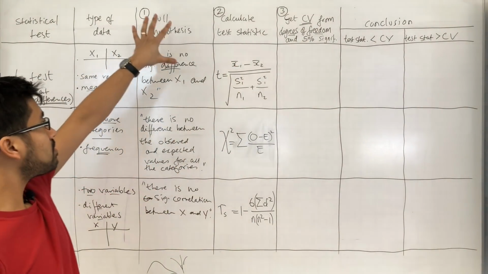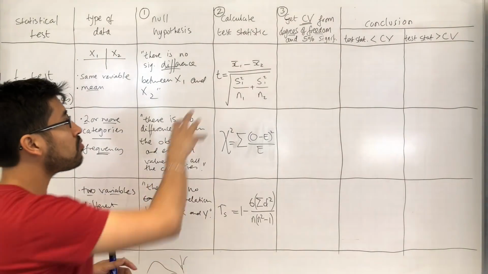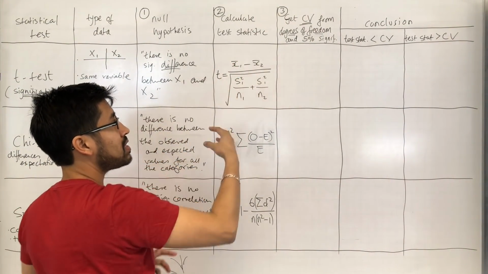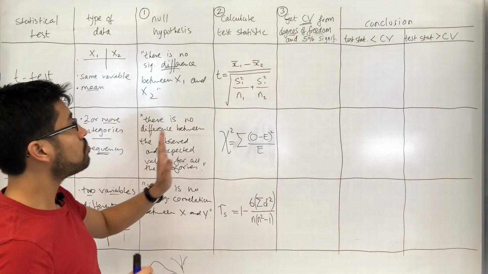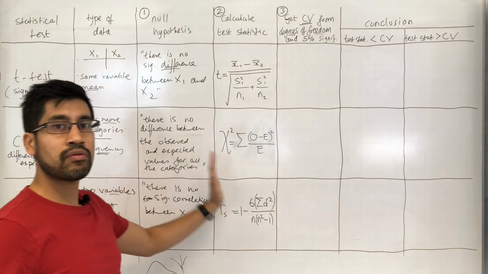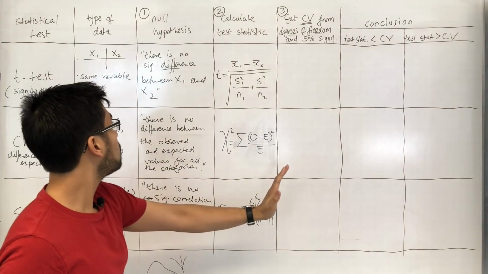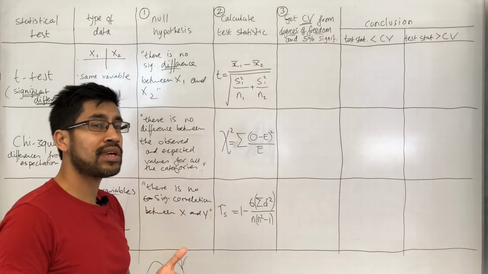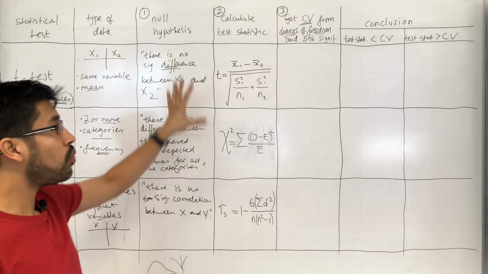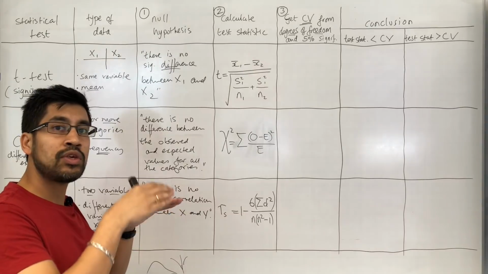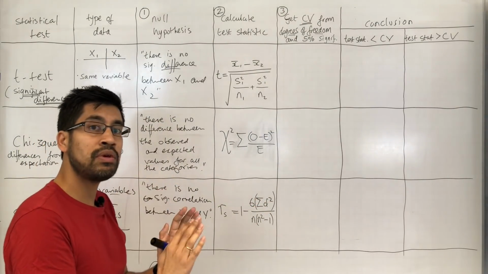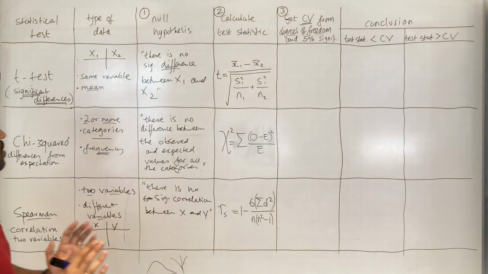Remember, the point of this video is not really to talk about the mathematical manipulations that you'll have to do here, but it's more about going through the structure of the test, the steps that you need to go through. And really to emphasize that the steps for all the tests are the same, and the more structure that you can see in that, the easier it will be for you to prepare to do them.